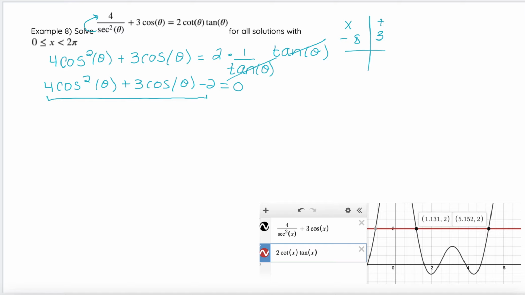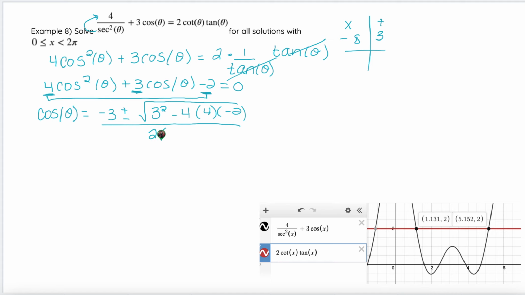So cosine of theta equals the opposite of b plus or minus the square root of b squared minus 4 times a times c, all over 2 times our a value. Simplifying this gives us negative 3 plus or minus the square root of 41 over 8.